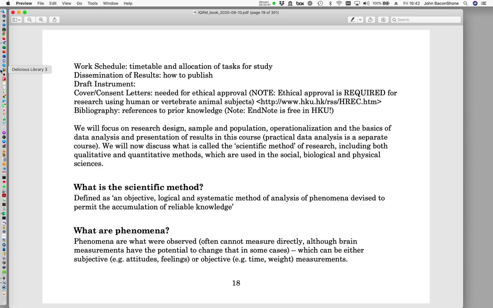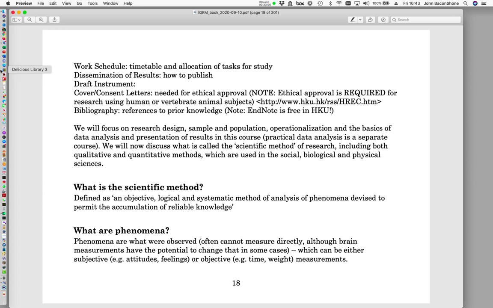Phenomena just means things that we have observed. We may or may not be able to measure them directly, but at least there will be some form of measurement possible. So we're also going to have to talk about what is objective, logical, and systematic. As I've said, phenomena are what we observe.